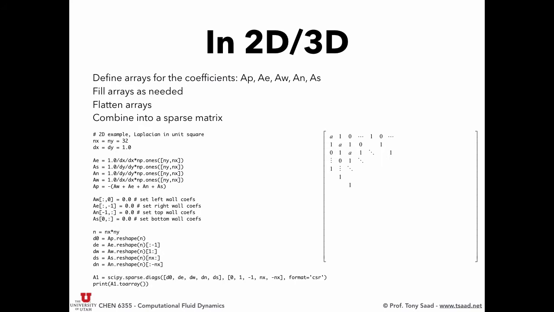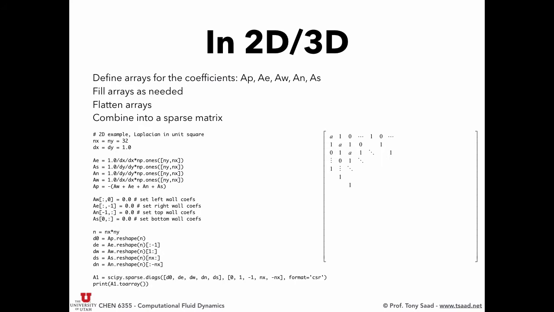They're all ones initially, and then the central coefficient for the Poisson equation is the sum of all of those. But then you set the boundary conditions correctly. If you have Dirichlet conditions, you're not going to have any coefficients to the outside points. If you have Neumann conditions, you may have something else. If you have some weird boundary condition, you just set the coefficients accordingly. That stage has nothing to do with linear algebra yet. This is just constructing the coefficients of the linear equations.